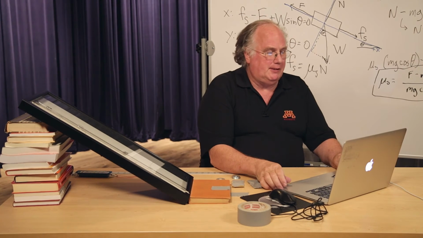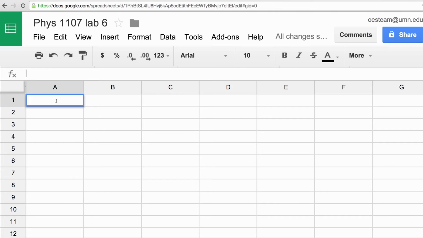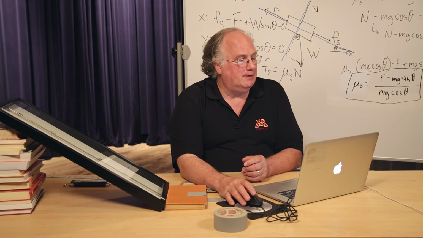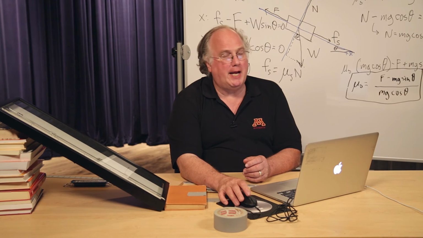I have a new spreadsheet opened up. I'm going to make one column called surface, another column called mass, and a third column called angle. The angle I'm going to put in will be in degrees, and it turns out that the sine function in this spreadsheet wants it in radians, which it's always one or the other, and somehow I usually pick the wrong one.